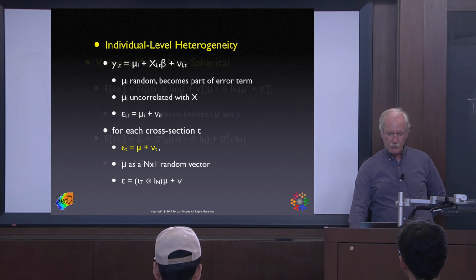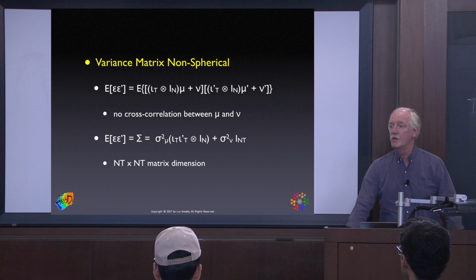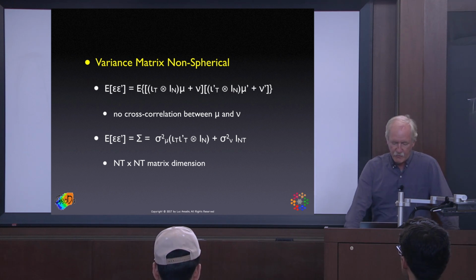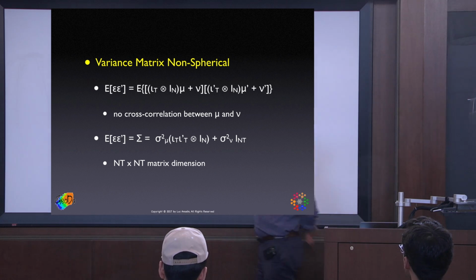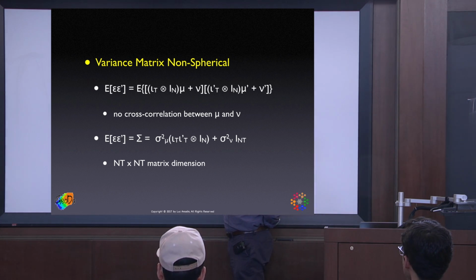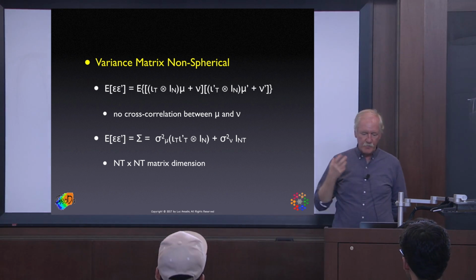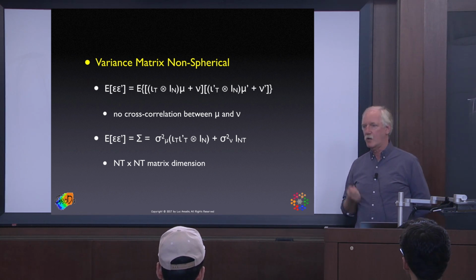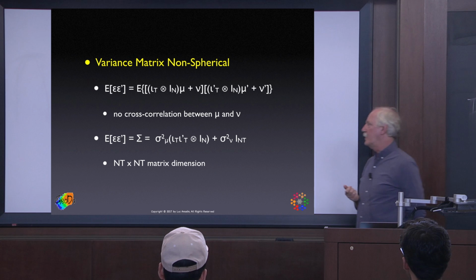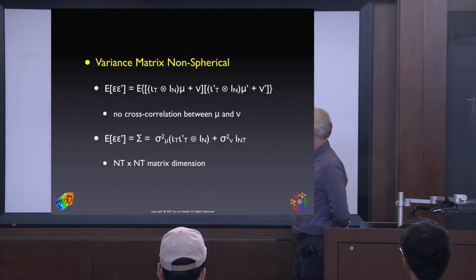So what does that do to us? It creates a complicated variance-covariance matrix. In fact, we have the two components: the individual specific component that doesn't change over time, and the component that does change over time. We use the standard notation and work this out. The typical assumption is that the individual unobserved heterogeneity and the error term are not correlated, so there's no covariance between them.